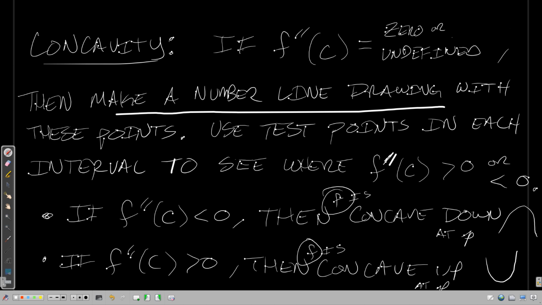This is not right. So if f prime of C, C being a critical value of the derivative f prime, you make a number line drawing with each of those critical values. You use test points, and it's those test points which are these little p's.